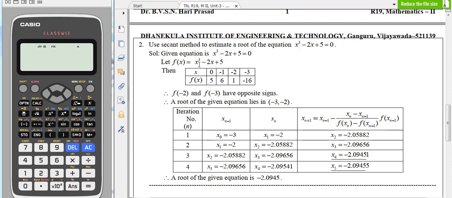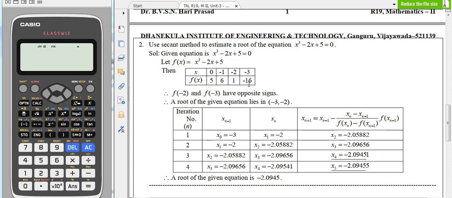In the case of this particular function, we didn't get two successive functional values with opposite signs on the positive side of 0. So we considered the x values on the negative side of 0 as minus 1, minus 2, minus 3 with the usual step size 1, and we calculated the functional values at 0, minus 1, minus 2, minus 3, so that we came to know that f of minus 2 and f of minus 3 have opposite signs.